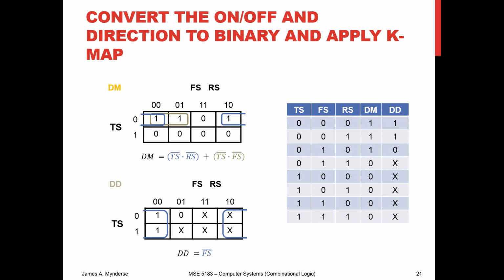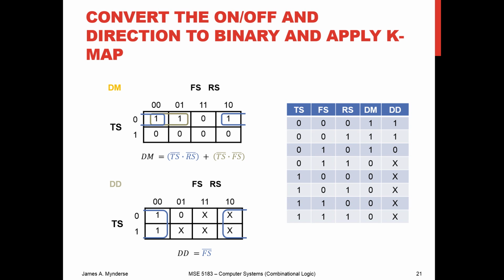So if I put that into a truth table, the don't cares become X's. I've separated the on-off and the directions, and they're all going to be 1s and 0s, so I can come up with 2 mappings, one for the drive motor and one for the drive direction. If I group my adjacent ones, you can see that I've come up with simplified representations of the drive motor and the drive direction. The drive direction, for instance, is just not FS.